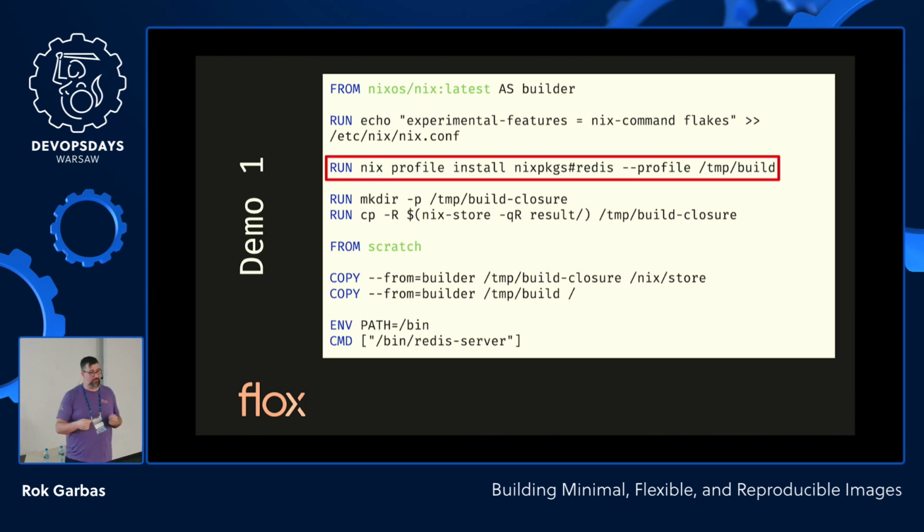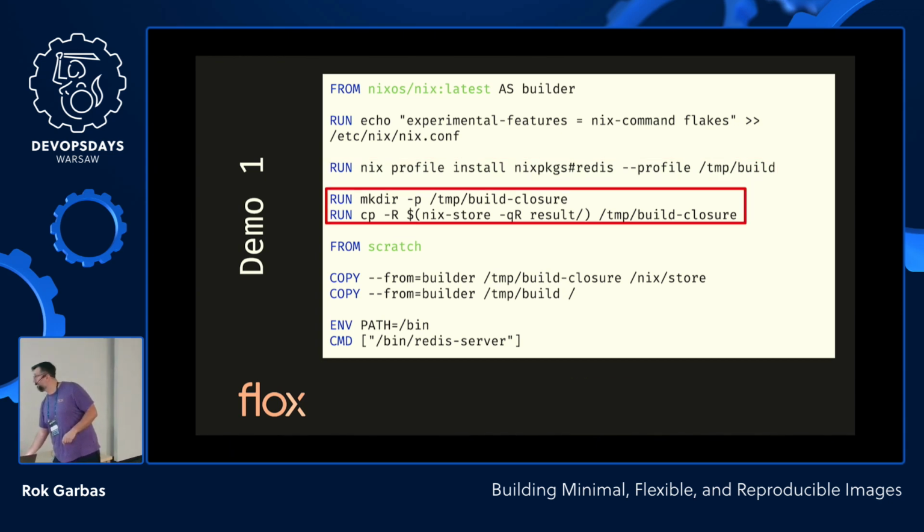Then comes a bit of the fancy stuff. The next part: we take a closure of our profile. I'll explain what a closure is in a second. And we copy it to a new location. What is a closure? A closure is your profile, so what you install in that profile, and all of its runtime dependencies, all the way down, if you depend on, I don't know, kernels, GCC, whatever it is, if it is a runtime dependency.